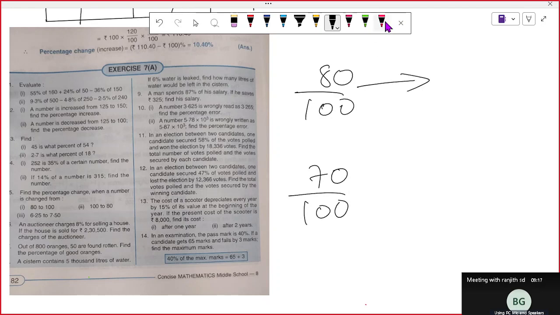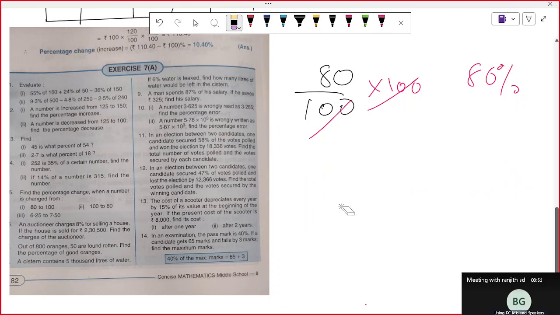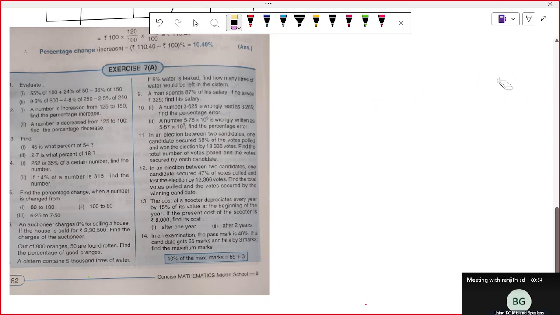That's 80%, and now 70%. Is the percentage increasing or decreasing? Decreasing. You have to check whether the percentage is increasing or decreasing. There's no improvement; your percentage is reduced. What if you score 90 now? Percentage is increased.